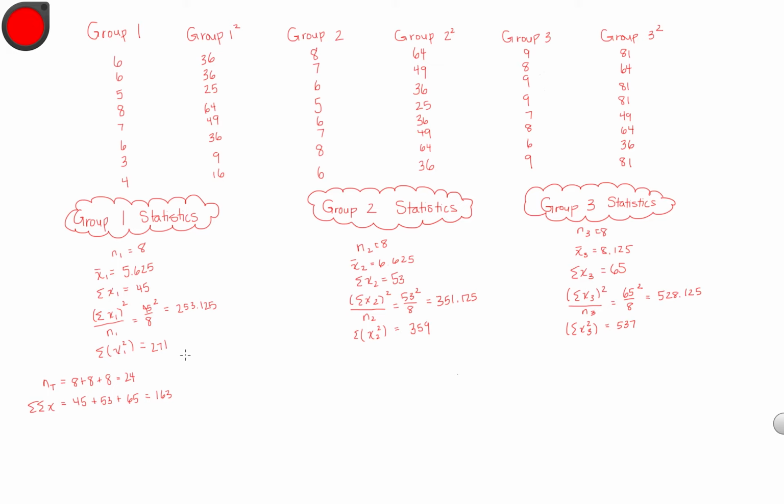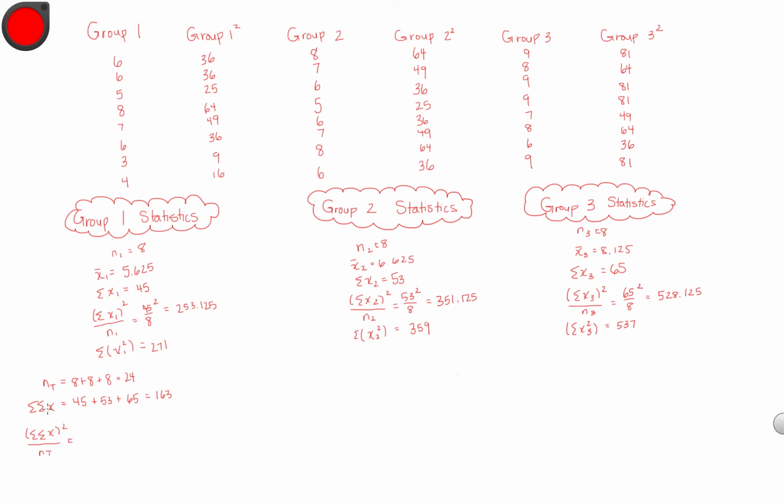So now all that's left is to find those three key terms that get plugged into the sums of squares formulas, which then get plugged into the mean sum of squares formulas, which then get plugged into the F ratio. I told you there's a lot of formulas, but hopefully you see that this math is actually pretty easy, and it's really just a matter of practicing it over and over again. So the first key term is going to be sigma x, quantity squared, over n total. Well, this should be pretty easy, right?